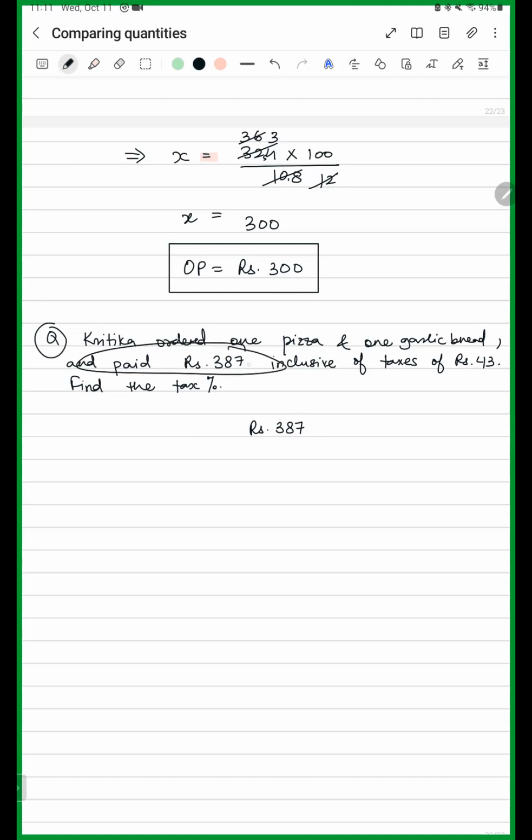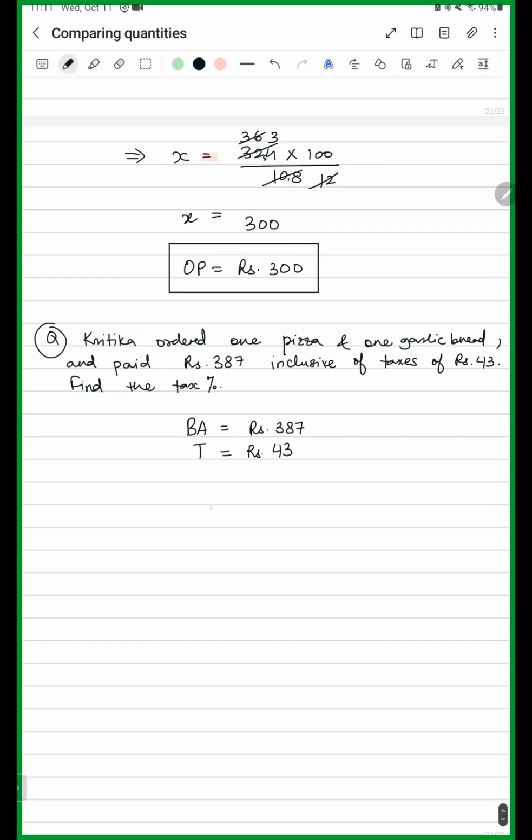So 387 is what? It is the SP, sold price. No, when we're talking about tax, what do we call it? Bill amount. Very good, bill amount. And they are saying inclusive of taxes of rupees 43. That means this time they are telling you the tax is equal to rupees 43. You're supposed to find the tax percent.